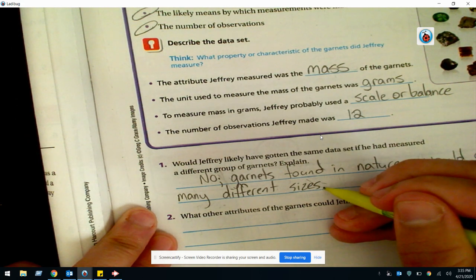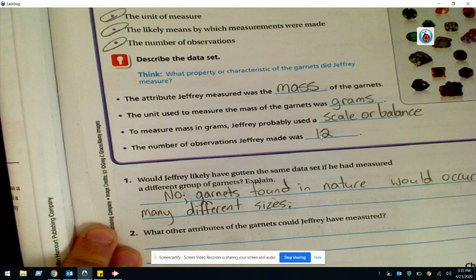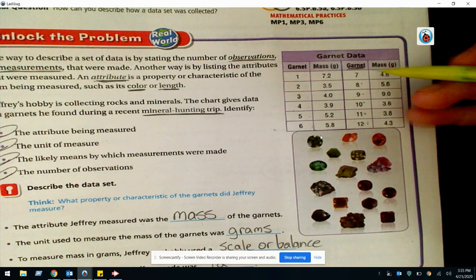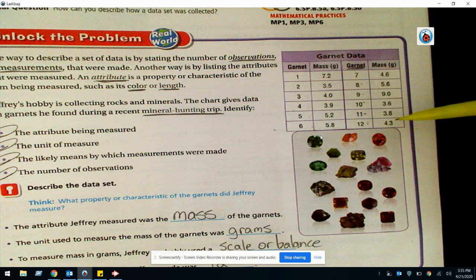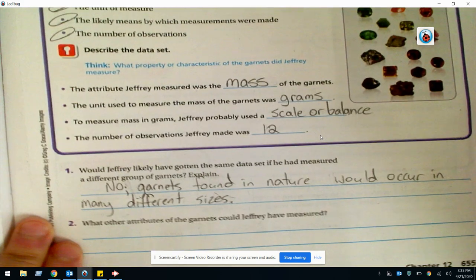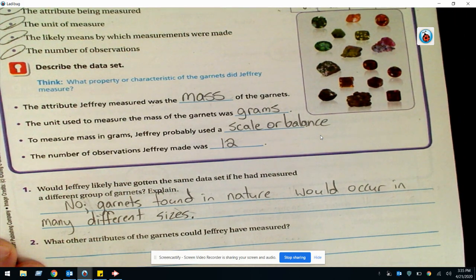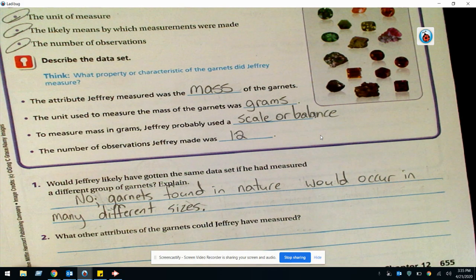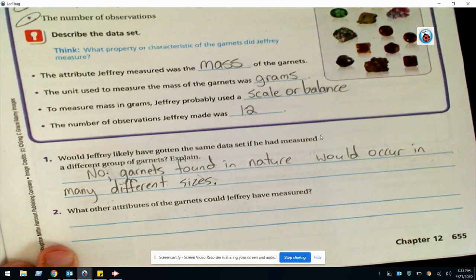Okay. So if you are on a mineral hunting trip like Jeffrey was, and you were to go out into nature, would you most likely get the same exact 12 garnets with the same exact 12 measurements? So same masses for each 12? You most likely will not get another 12 with the exact same mass. Okay? So you most likely won't get the first 12 again.